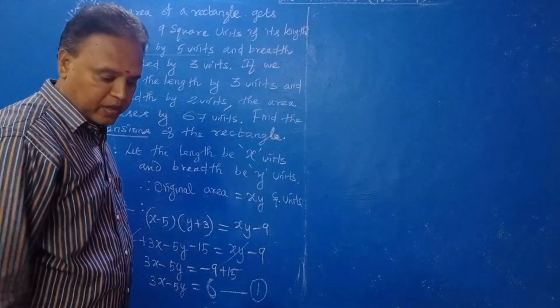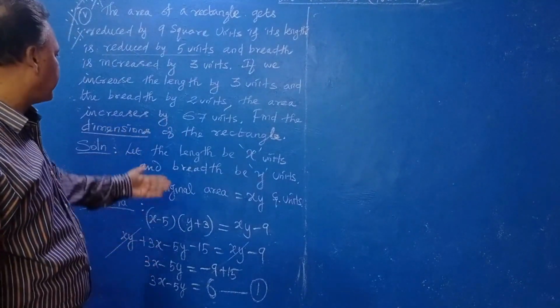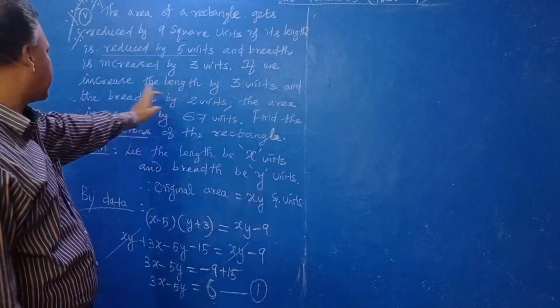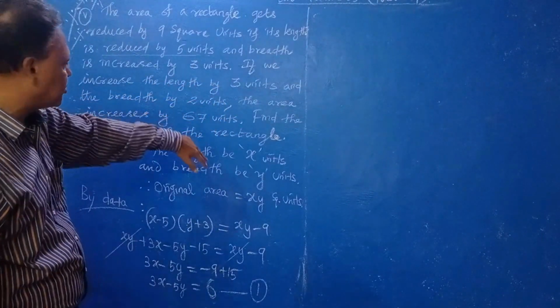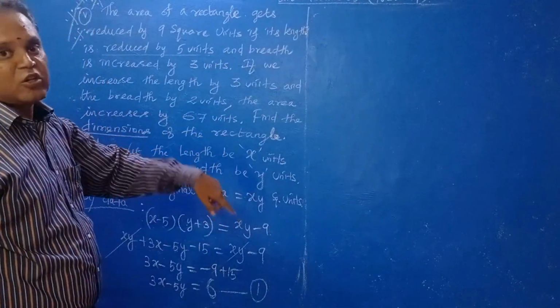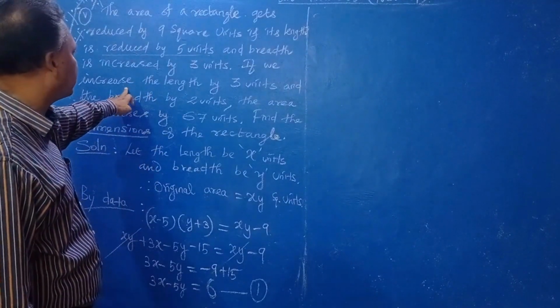So next condition you see, same way you have to frame. Next condition: if you increase the length by 3 units and the breadth by 2 units, the area also increases from the original area by 67. So new area is new length into new breadth. First, what? New length you have to find out.